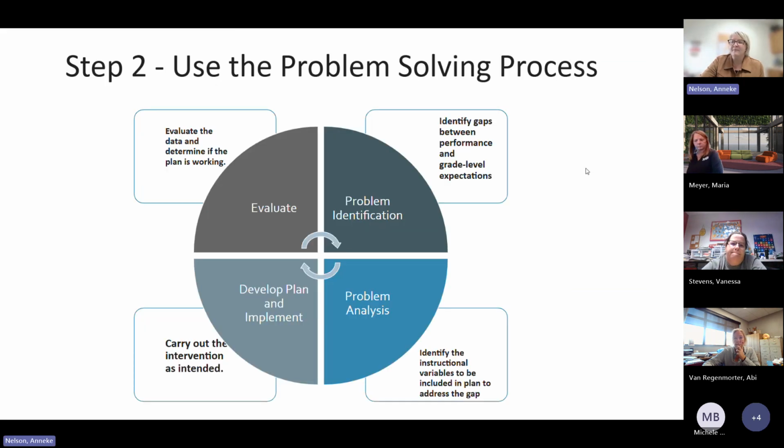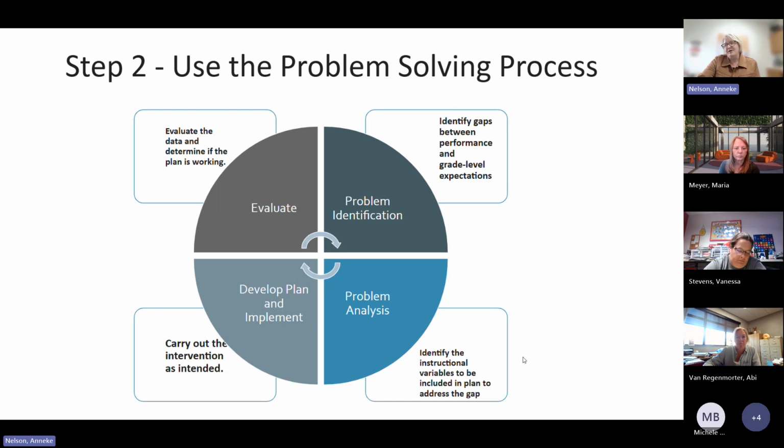We're going to use the problem-solving process within our curriculum and instruction to determine what maybe needs to change. I'm sure lots of people have seen this before. We ask, what is the problem? We help identify why these gaps are occurring between the performance and the grade level expectation.